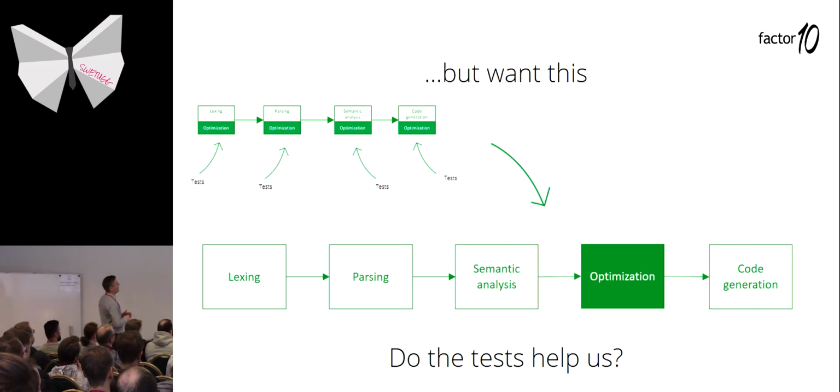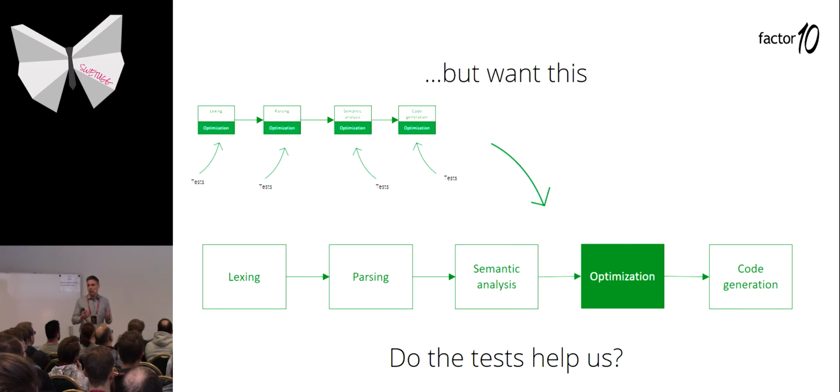No, they don't. Because we have tests on each individual step, but we don't have tests on the flow. So now when we pull out the optimization parts into their own phase, the tests may not apply anymore in the place where they were written. Maybe we can reuse the tests.